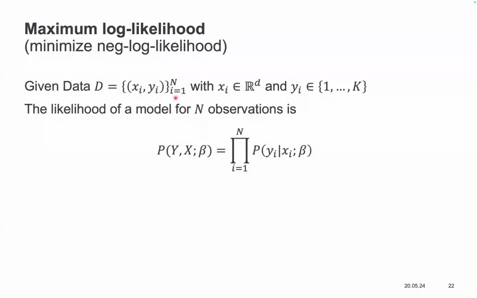Well, we go through all the data points. We have n many data points. And we basically say the probability of producing one data point times the probability of producing the second data point times the probability of producing the third, and so on until the nth data point. This is the probability that this weight vector produces exactly our data set.